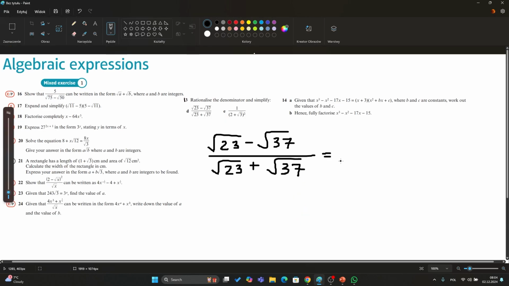So we multiply the top and bottom by the opposite of the bottom.